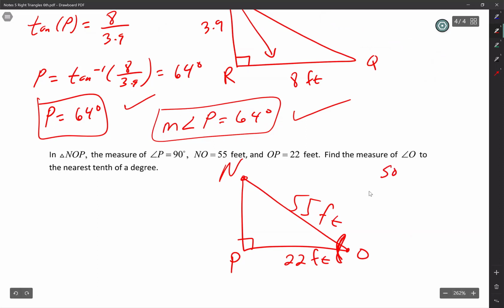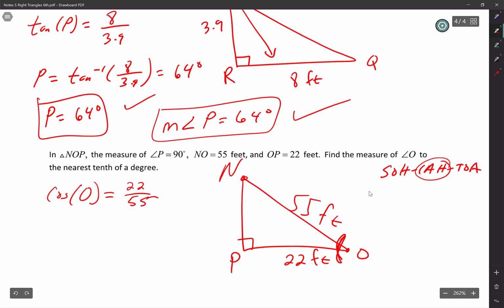I write SOHCAHTOA. So here we go. This is adjacent, that's hypotenuse. So what uses adjacent and hypotenuse? Cosine. So I write cosine of angle O is equal to 22 over 55.